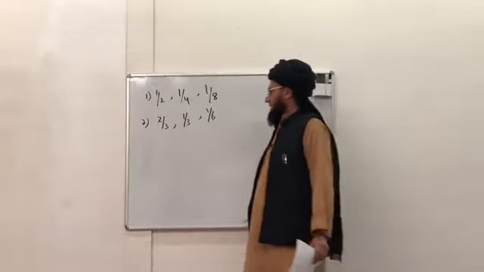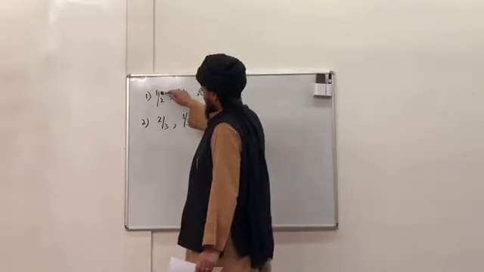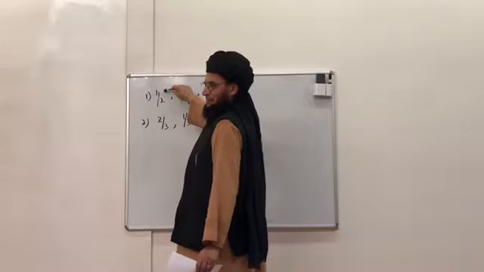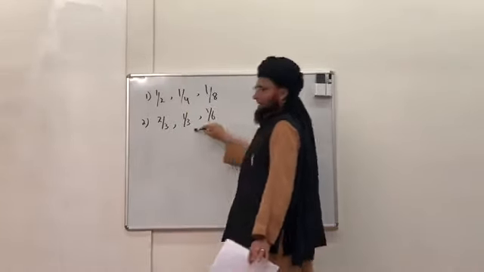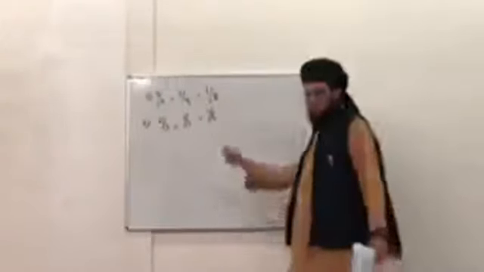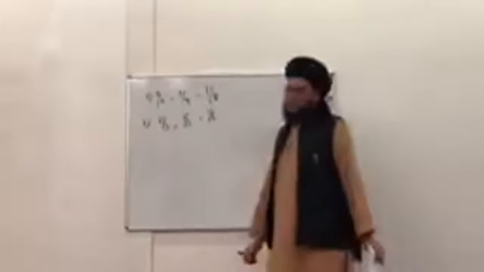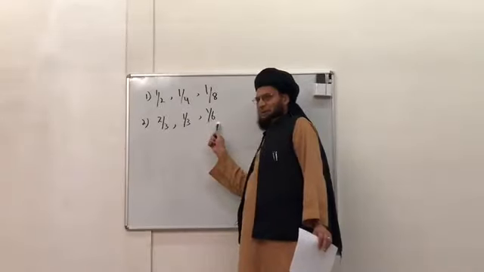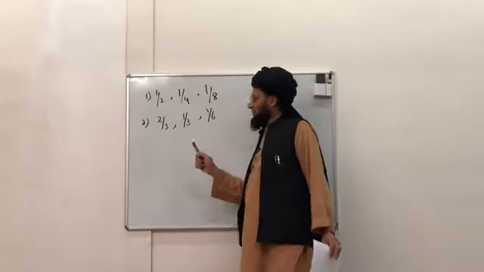But now, if there is one sharer whose share is half, and from these 3 types, anyone is there, so then for sure the denominator will be 6.